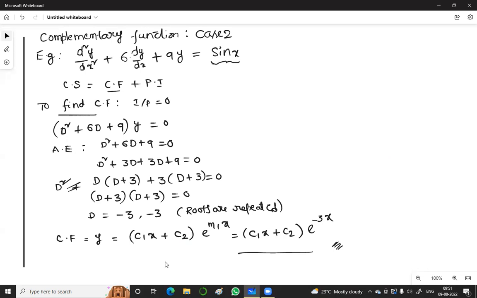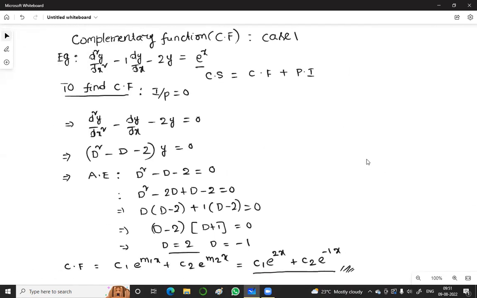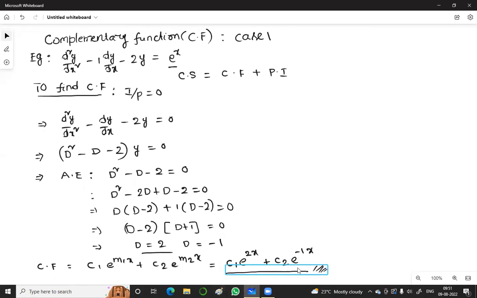So if you understand this first, then we will see what is the proof behind writing the complementary function in this form. Not only this form, even in the first problem we have seen in a different way, like c1 into e power m1x plus c2 into e power m2x. How did we write this equation? If you want to prove how we got this solution, that we will see in the next session.